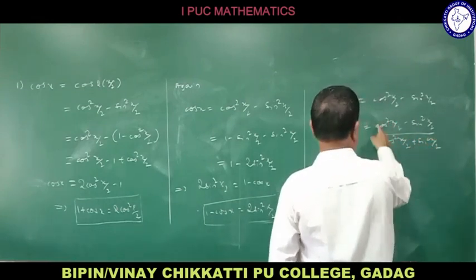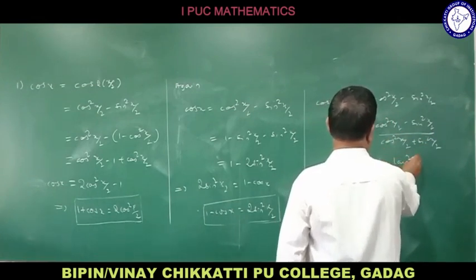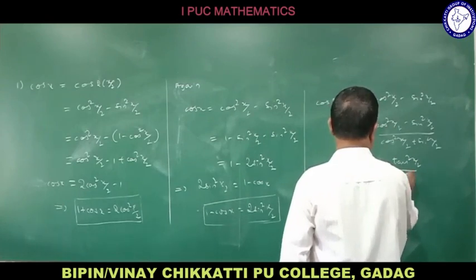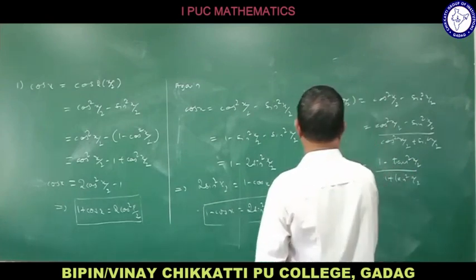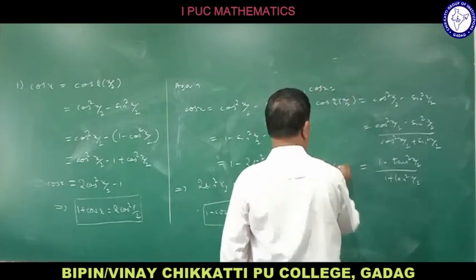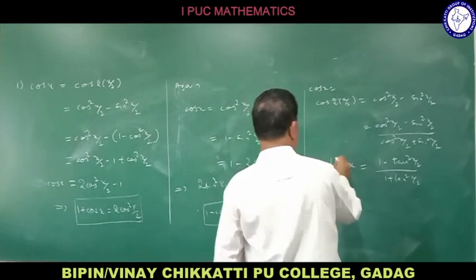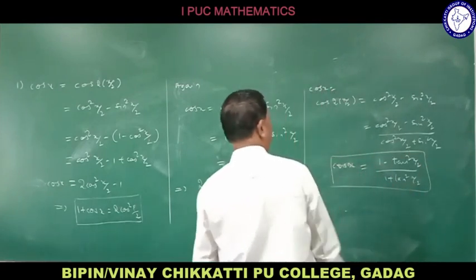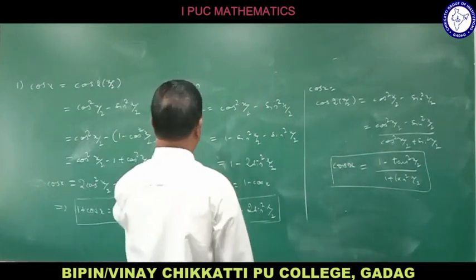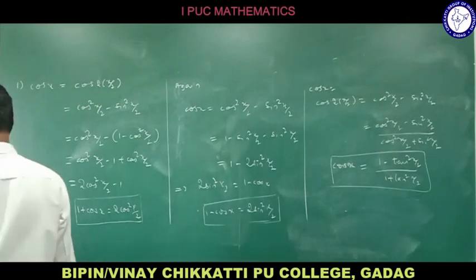Dividing numerator and denominator by cos square x by 2, we get 1 minus tan square x by 2 divided by 1 plus tan square x by 2. This is nothing but cos x. So these are the possibilities about cos x using the submultiple angles.